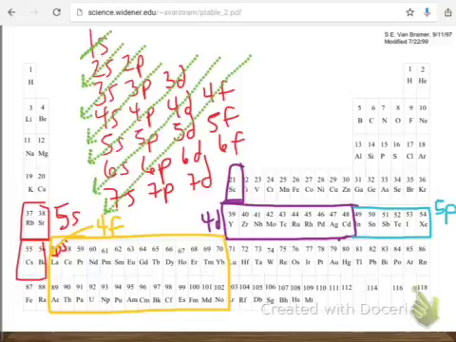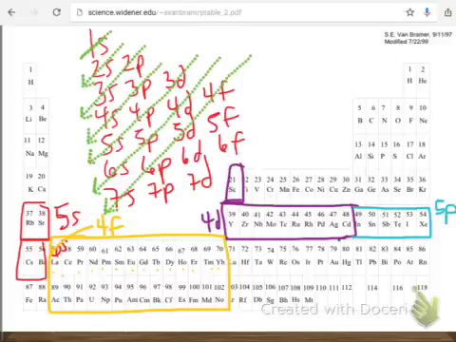How many spaces do you think there are? 1, 2, 3, 4, 5, 6, 7, 8, 9, 10, 11, 12, 13, 14! Who could have predicted this? Me. I could have predicted it. We're filling an F subshell now. So we now have 14 elements. That F block is 14 elements wide.